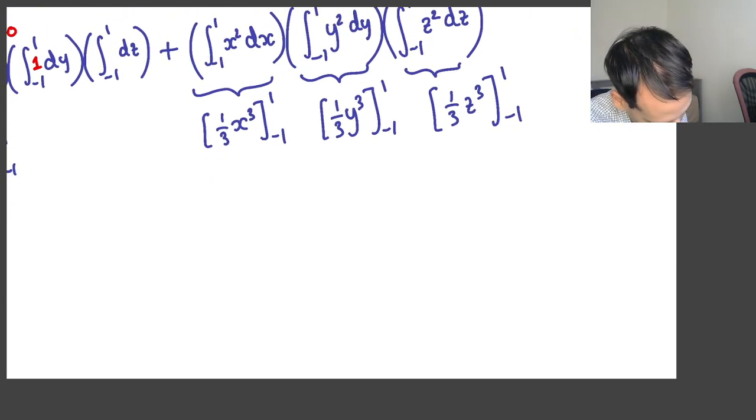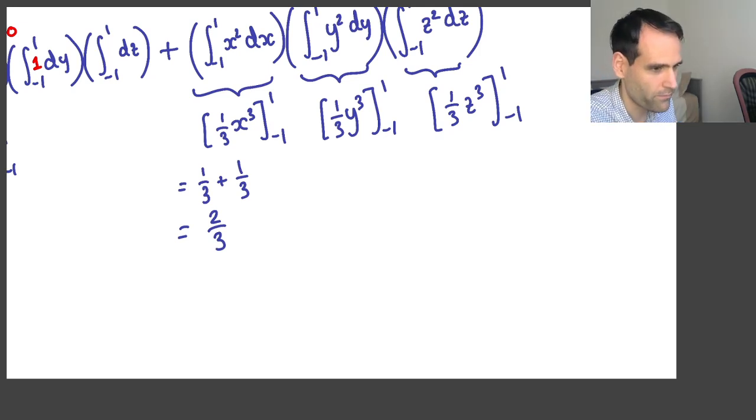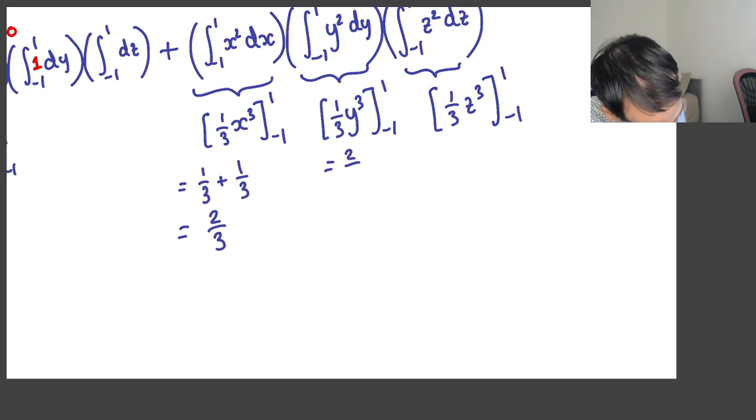So what is each of these terms? This is equal to 1/3 times 1³ minus 1/3 times (-1)³, which is -1, so plus 1/3, which is equal to 2/3. This will also be equal to 2/3, and this will also be equal to 2/3.